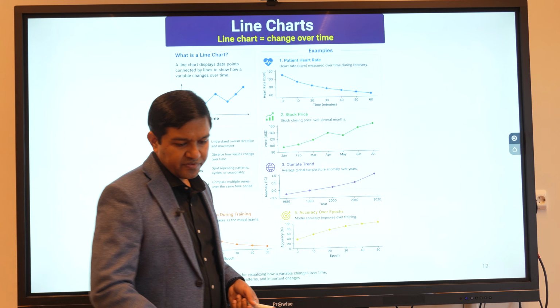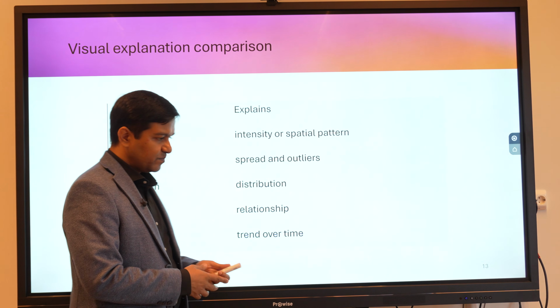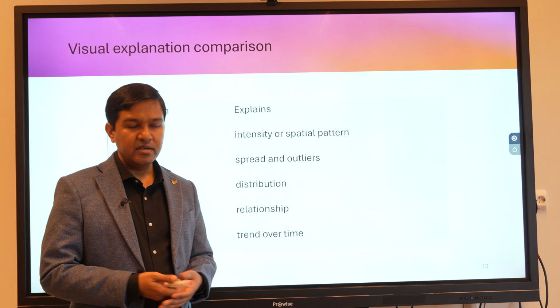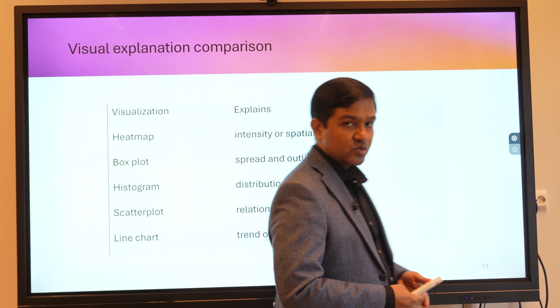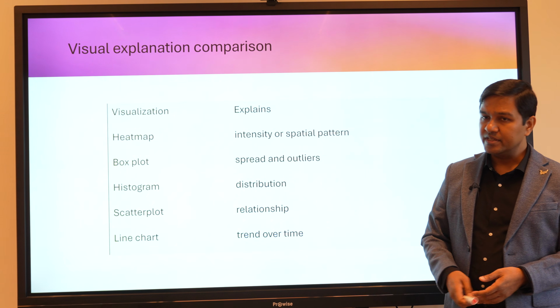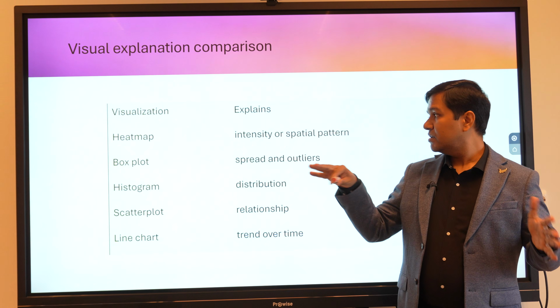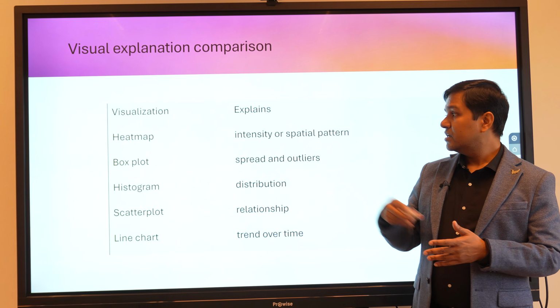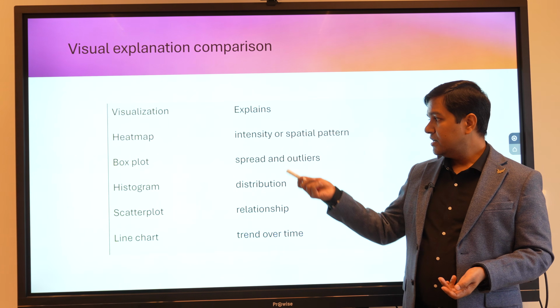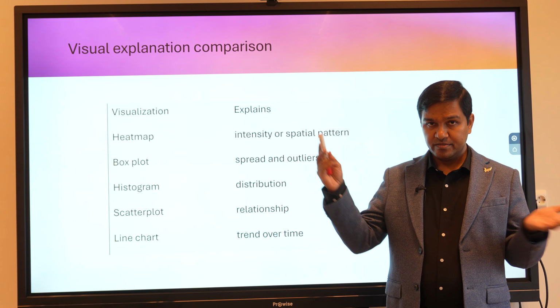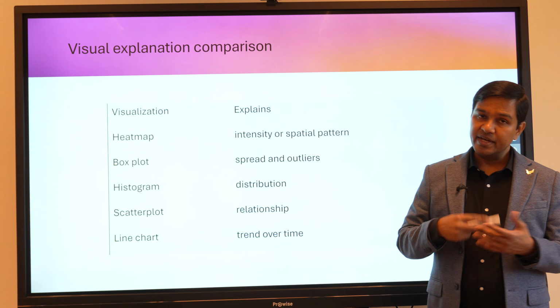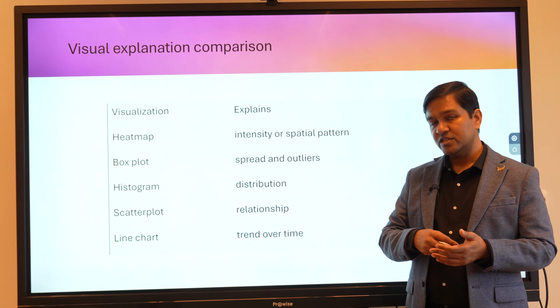Okay. So if we want to compare in one place, when to use what? The question comes, when to use what, right? We have so many things we can see, but if you want to see the intensity or spatial pattern, then a heat map can be useful. If you want to see the spread of the data and find outliers easily, the box plot is useful.